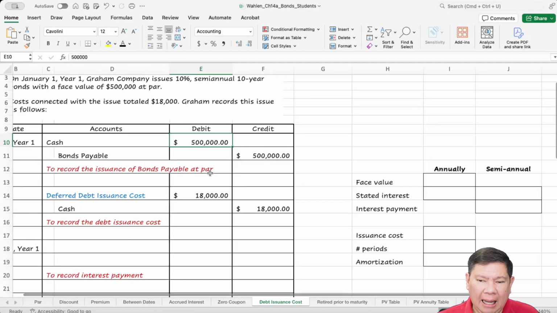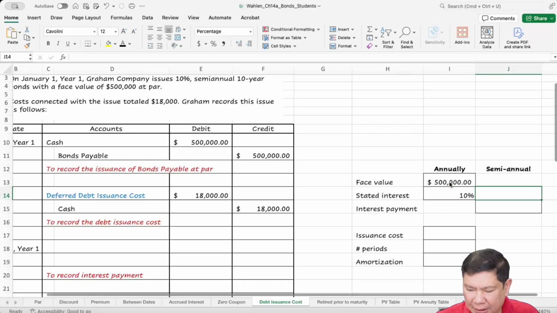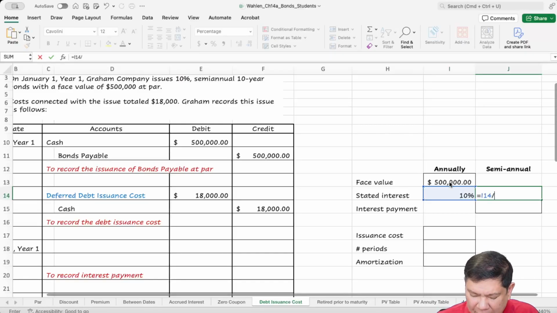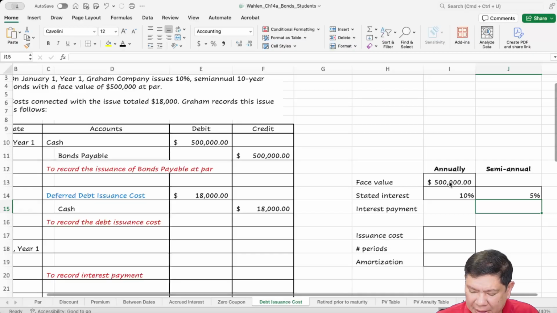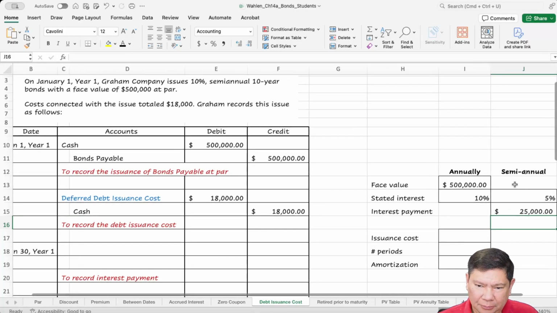The face value is 500,000. The stated interest is 10%. So the semi-annual one is 5%. So the interest payment is going to be $25,000.